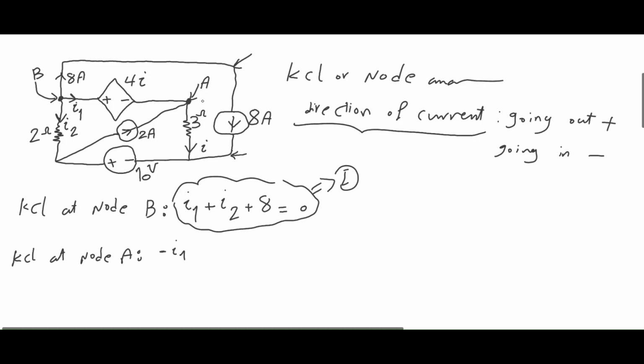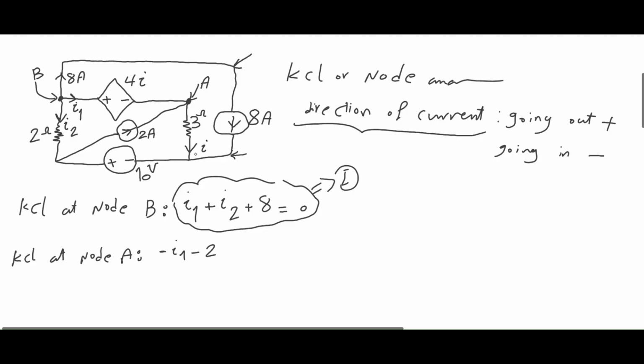On the other hand, I have a 2 amp. As you can see, this is a diagonal branch that originates from the bottom left corner going all the way to the top right corner of this loop over here. So I can say minus I1 minus 2 amp. What else?